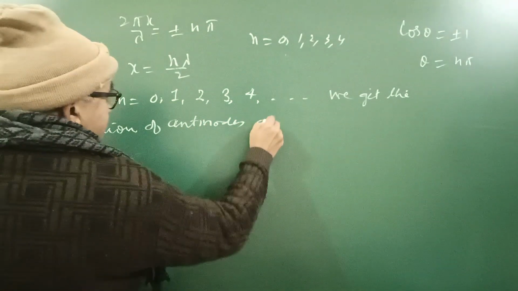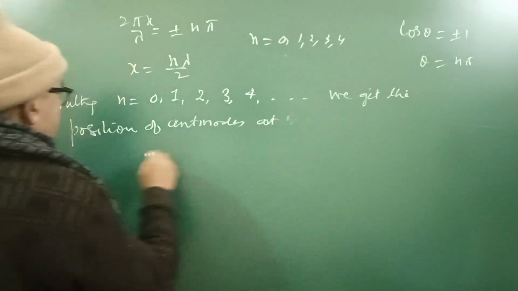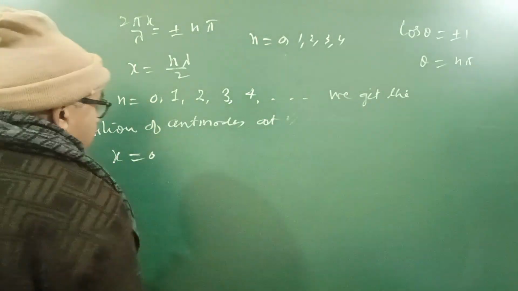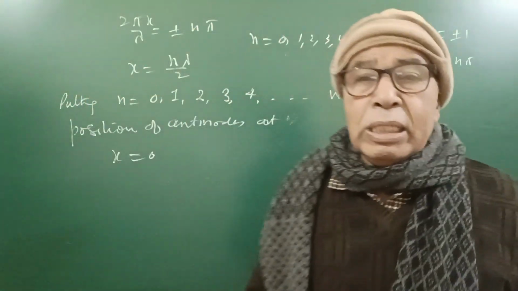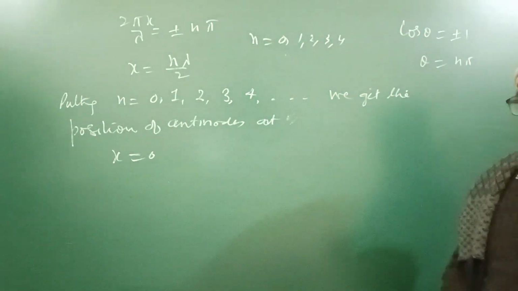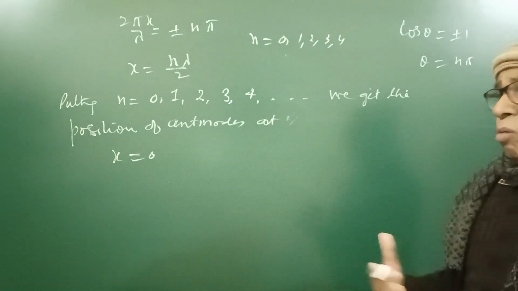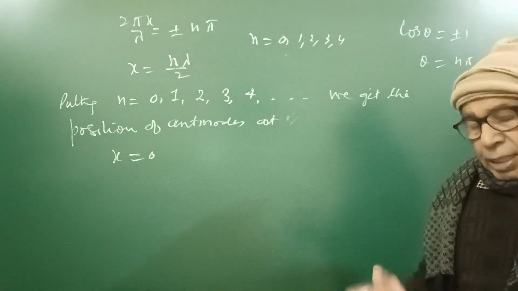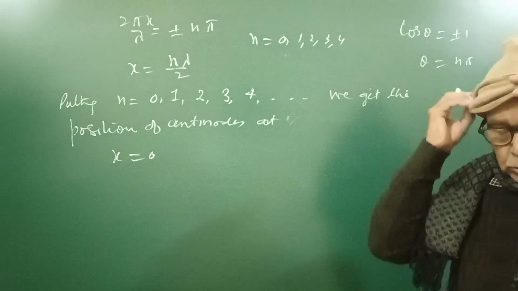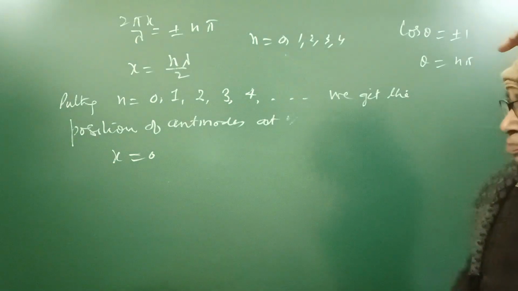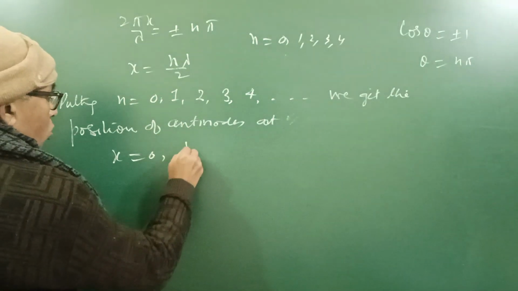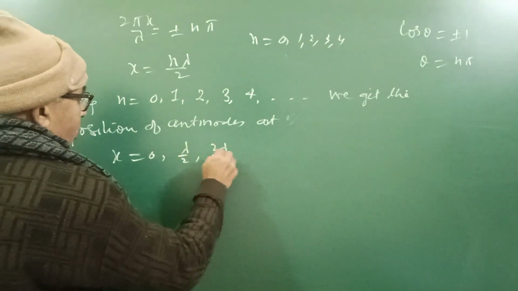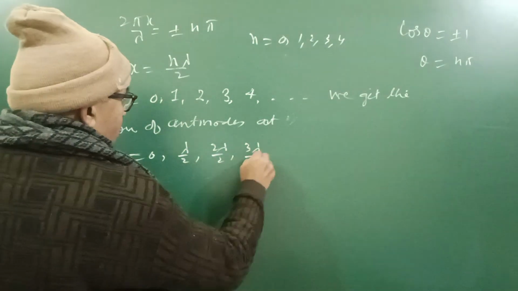At x equal to 0, in case of free boundary, at the boundary there will always be an antinode, while in case of rigid boundary, at the boundary there is a node, at x equal to lambda by 2, then 2 lambda by 2, 3 lambda by 2 and so on.